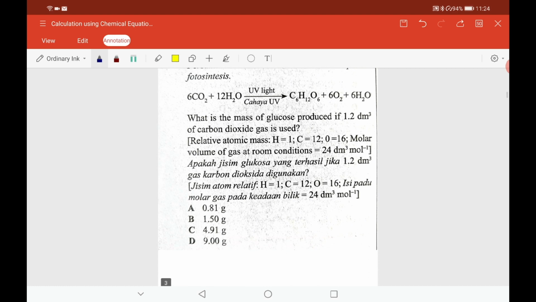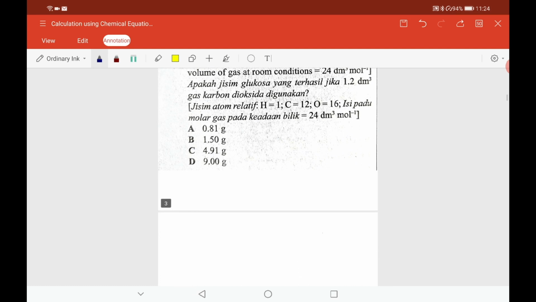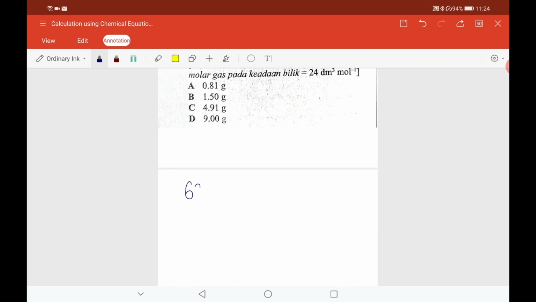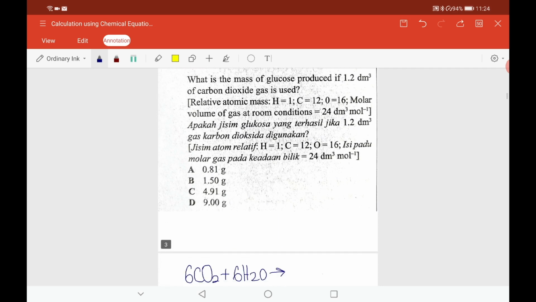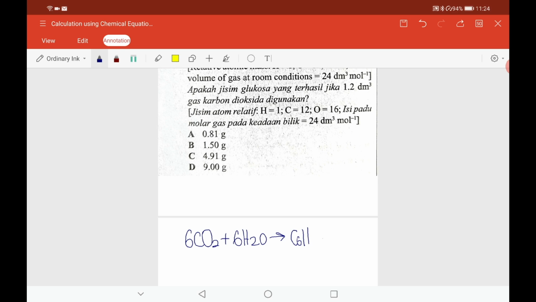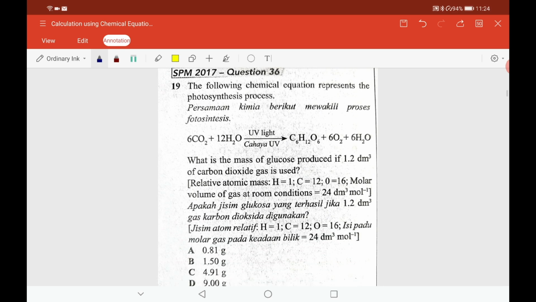Same thing: when we do calculation involving a chemical equation, first we must have a balanced chemical equation. In this case, the balanced chemical equation is already provided.